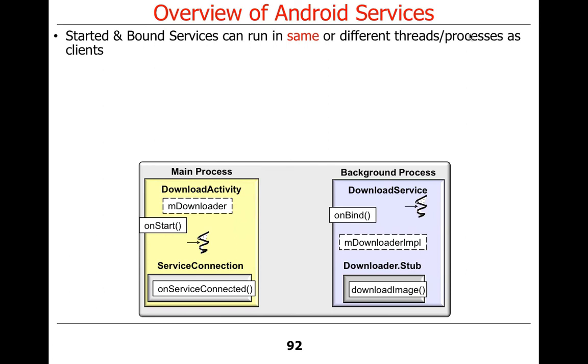Okay. The next part here, I would just give you a foreshadowing of what I'm about to talk about. Started and bound services can either run in the same process as their clients. So you can have, whoops, that's a mistake.